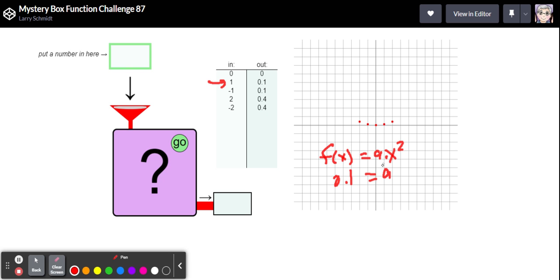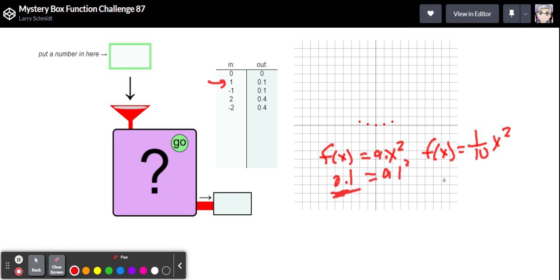And what I put in for x was just 1, so 1 squared. Well, a times 1 squared, it's just a. 1 squared is 1, times a is a. So a equals 0.1. So f of x is, and I'll write this as a fraction, 1/10 times x squared. So that's what this told us. That's a way you can get those numbers, doing a little bit of algebra.